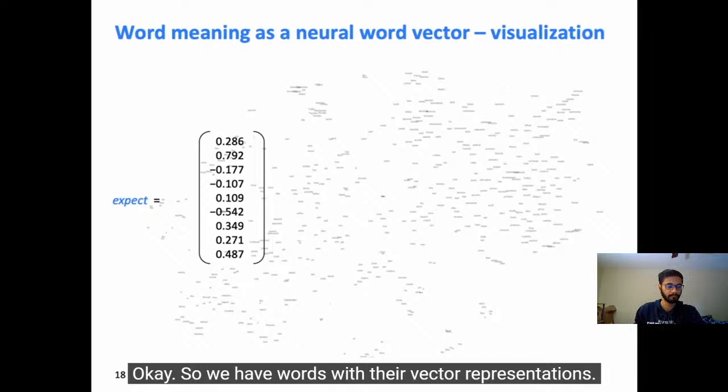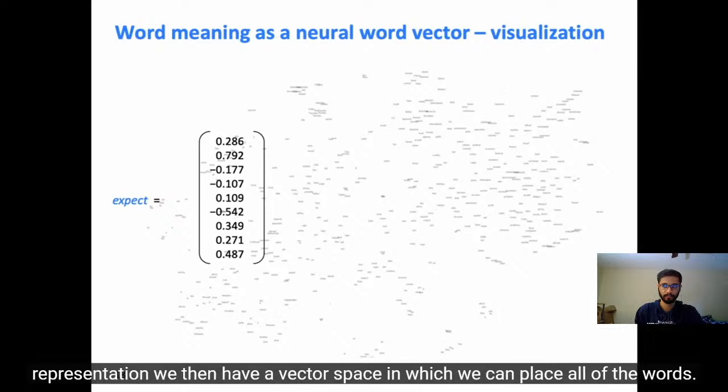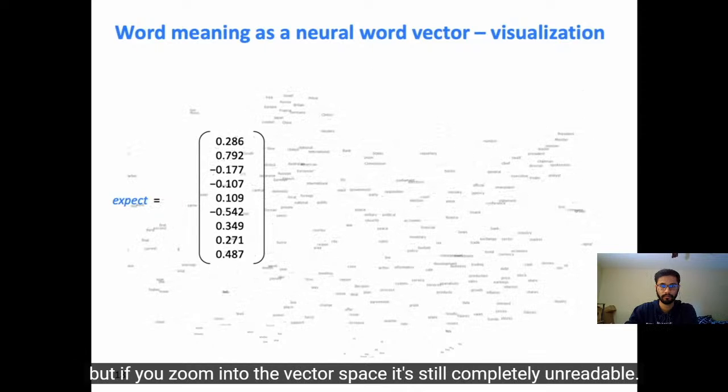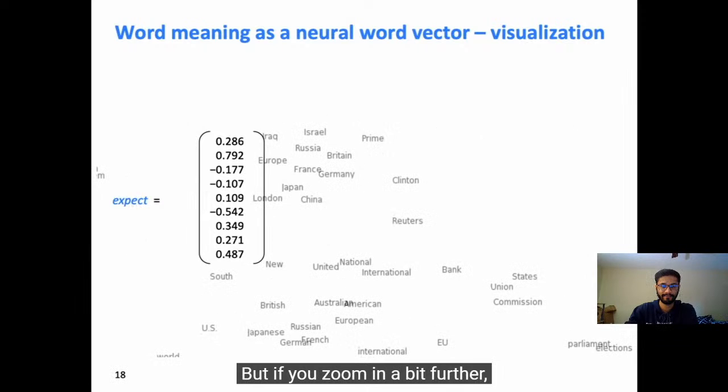Okay, so we have words with their vector representations. And since each word has a vector representation, we have a vector space in which we can place all of the words. And that's completely unreadable. If you zoom into the vector space, it's still completely unreadable. But if you zoom in a bit further, you can find different parts of this space.